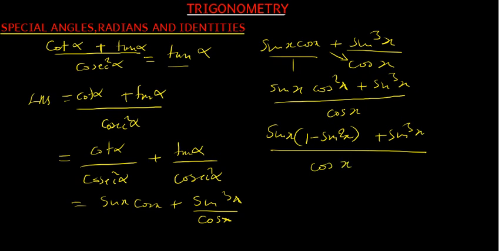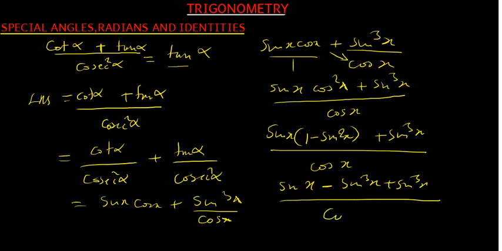If I multiply this, I get sin x minus sin cubed x plus sin cubed x over cos x. Notice that these will cancel out. Then we remain with sin x over cos x, which we can also write as tan x.